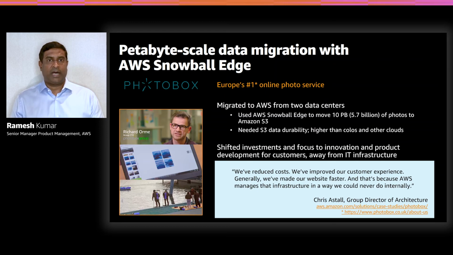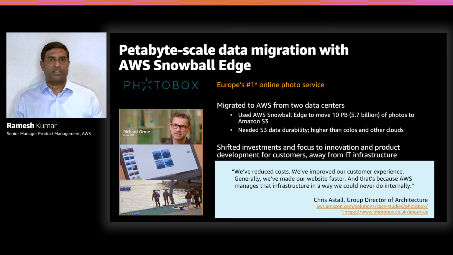Photobox wanted to get out of the business of owning and maintaining their own data centers, and they wanted to redeploy their resources into artificial intelligence so that they could provide an improved customer and user experience. Photobox had 5.7 billion photographs, which amounted to 10 petabytes of data that were stored in storage devices and storage arrays in 2 different locations.